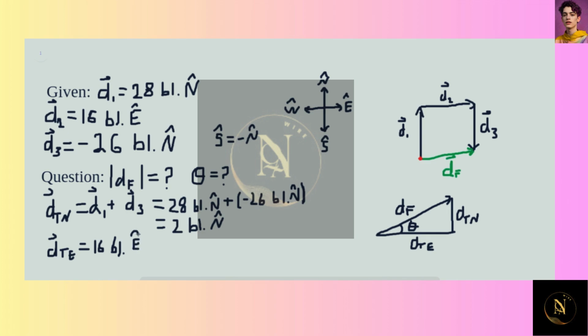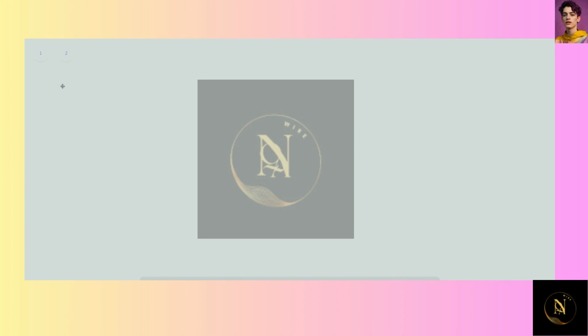Because there's no traveling in the west direction or any more further traveling in the east direction besides D2. Okay, so now that we have this, we have everything we need to go ahead and calculate the magnitude. I've run out of room on this page, so I'm going to open up another page. And let's go ahead and calculate the magnitude.